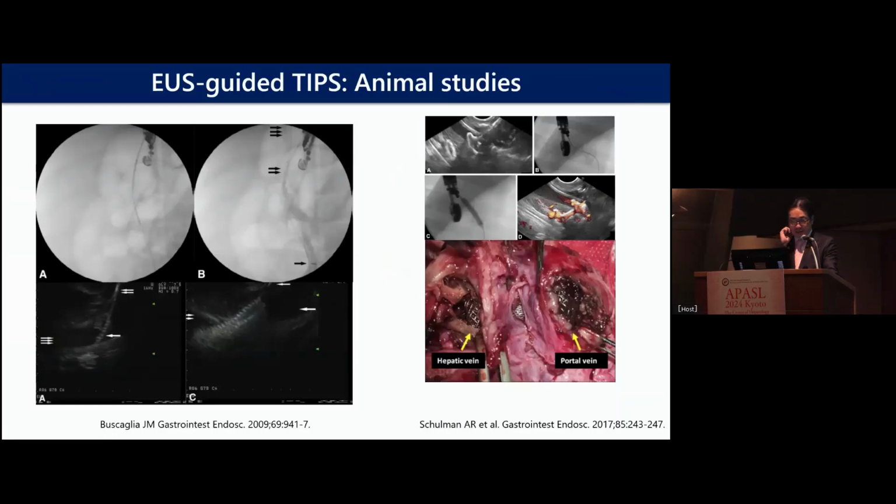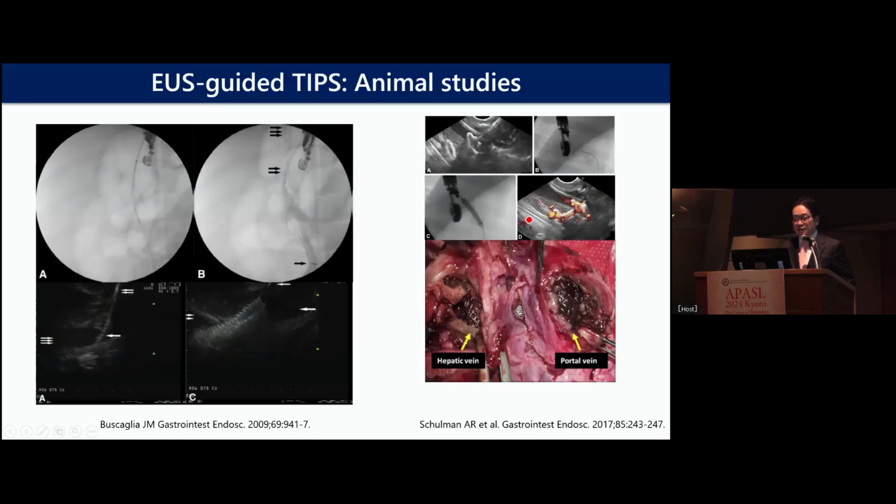And this is another interesting topic. I put EUS guided TIPS, but I think it's inaccurate because TIPS means transjugular intrahepatic portosystemic shunt. So these are still just animal studies with pigs. So you can put a metallic stent between the hepatic vein and the portal vein under EUS and fluoroscopic guidance.